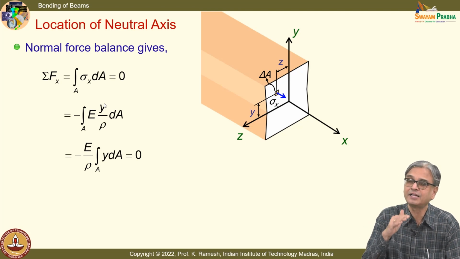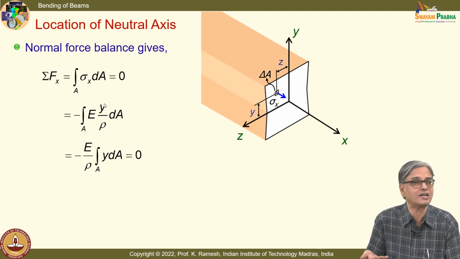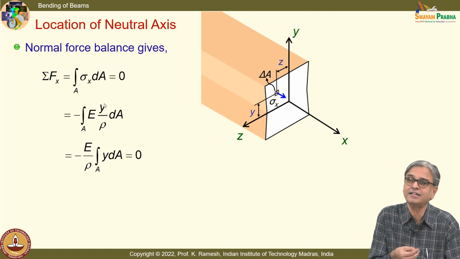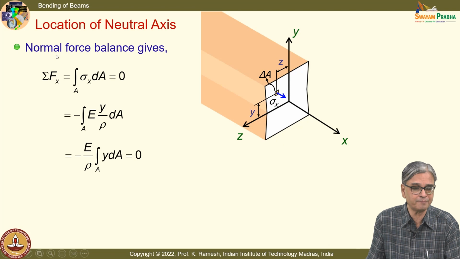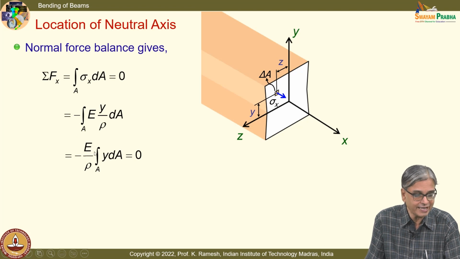Suppose I have concrete. If you go to concrete, you have reinforced bars, which is a steel rod embedded in the concrete. Suppose I want to extend my knowledge of beam theory to concrete, then I have to hang on to this expression.